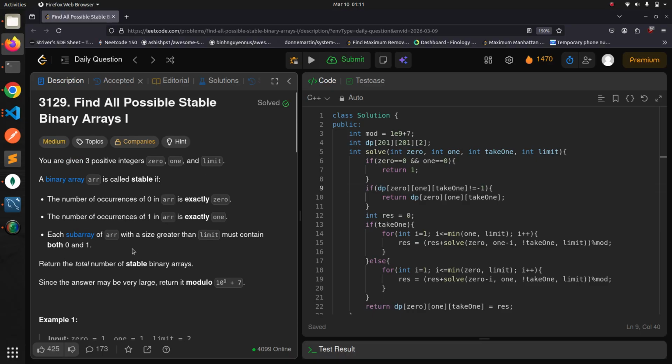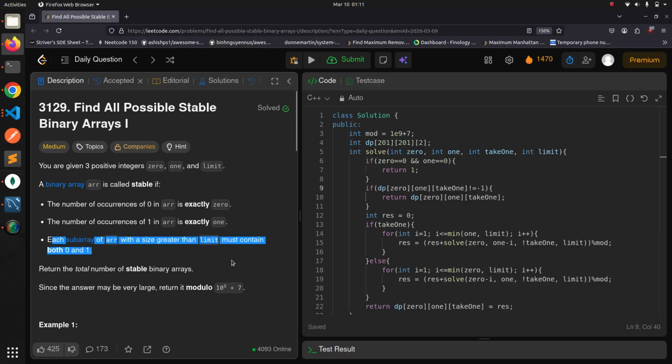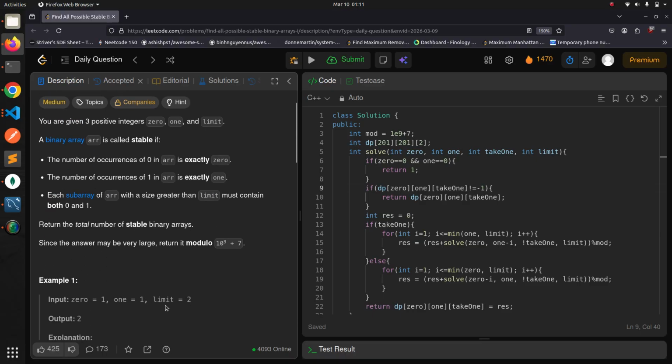So this condition simply means that we can have a maximum of consecutive zeros or ones up to the limit. For example, if the limit is 2, we can have 0 0 and 1 1, two times. Greater than that we cannot have.